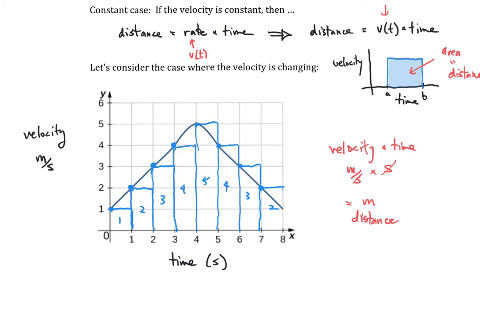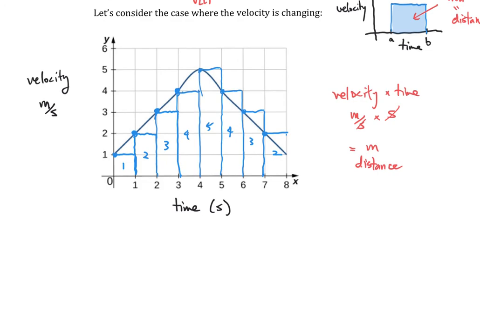So I could take my calculator, I could add up the areas of all of those rectangles, and I would get a nice area. So let me move this page up a little bit. We're going to say the following.